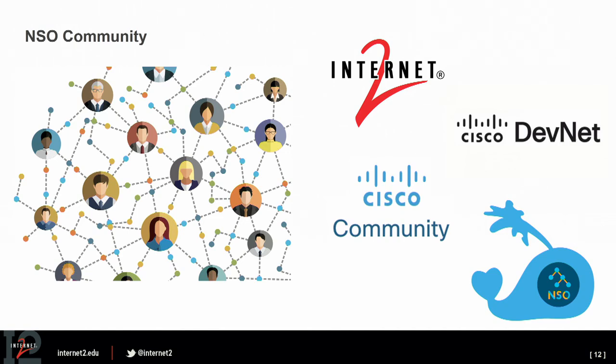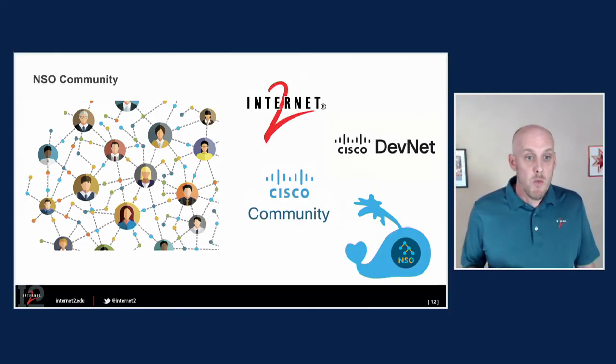Between the community forums and Cisco DevNet, there's already answers to a lot of our questions there. It's a great place to post questions, and we get a lot of good feedback. DevNet provides a lot of resources for research and education for us. And as I've already gone into, the NSO and Docker has been a huge uplift for us.